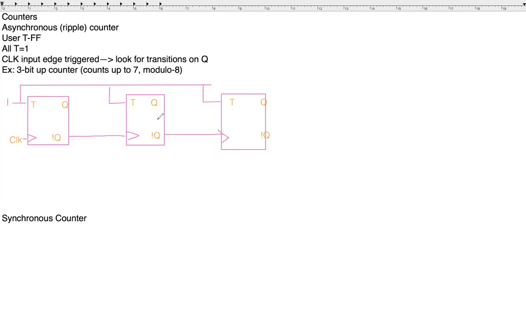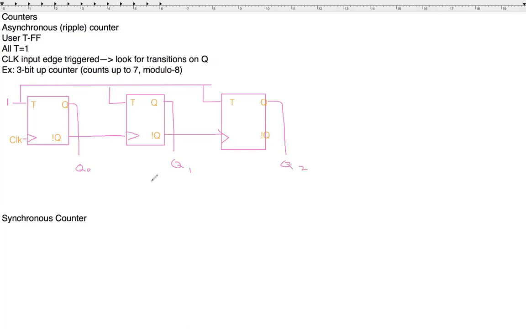Our outputs are going to go here: Q0, Q1, and then Q2.